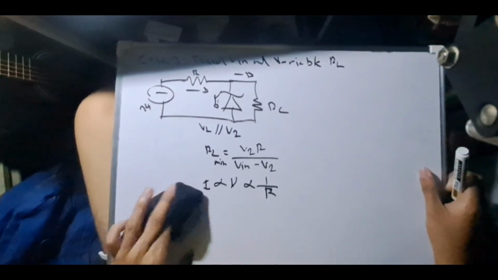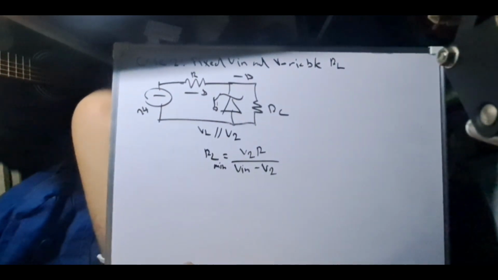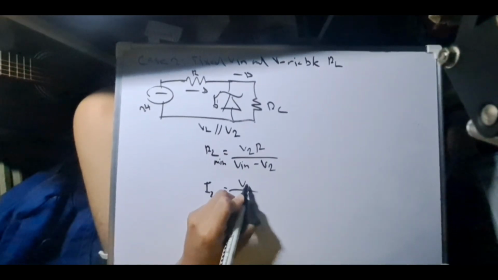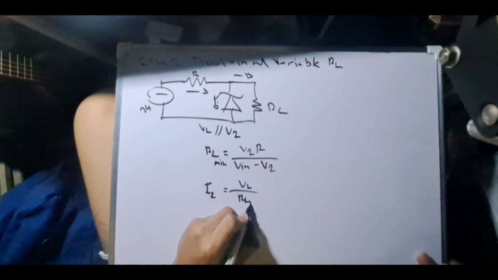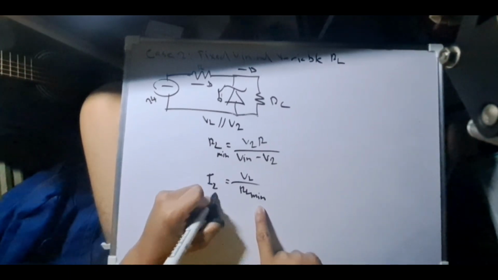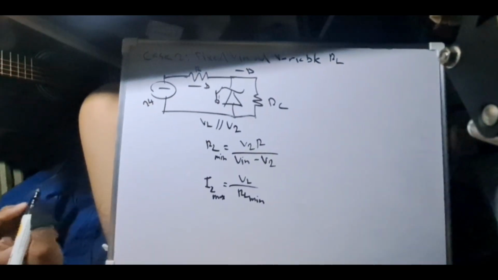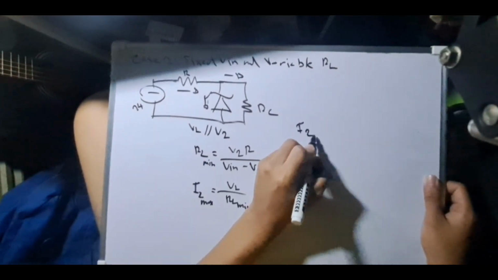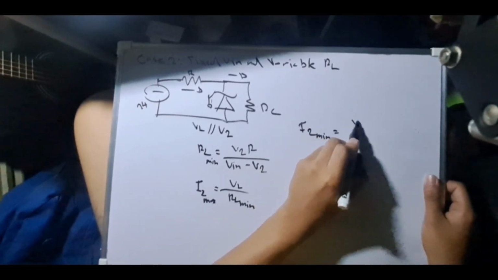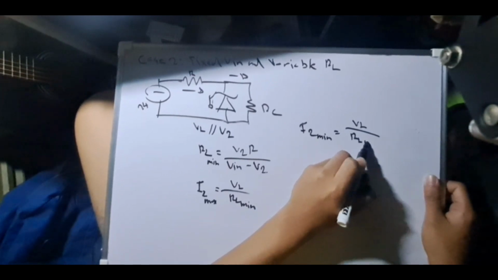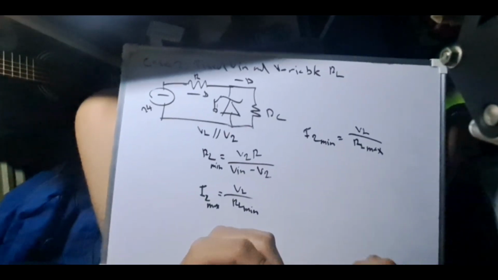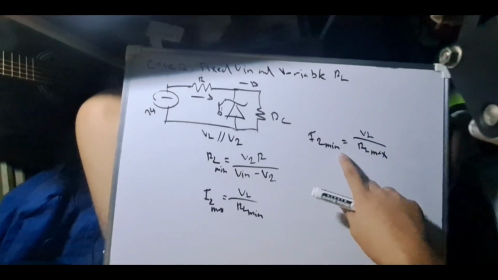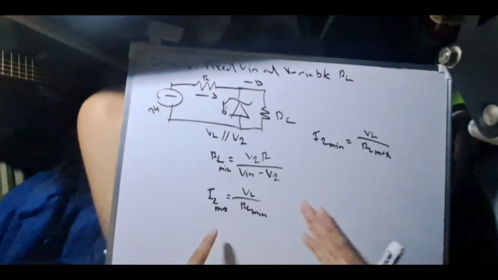So if we are given RL using Ohm's law, IL is equal to V over RL. V does not change. If RL is minimum, then IL is maximum. It has an inverse proportionality. So IZ minimum is equal to VL over RL max, but we will not use this form. We have another method of solving them. We will not bounce back here. Only IZ max will we find with this method.